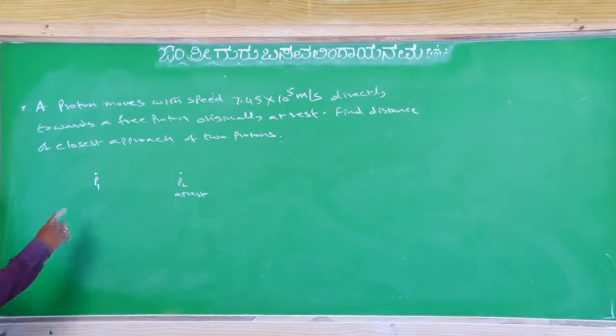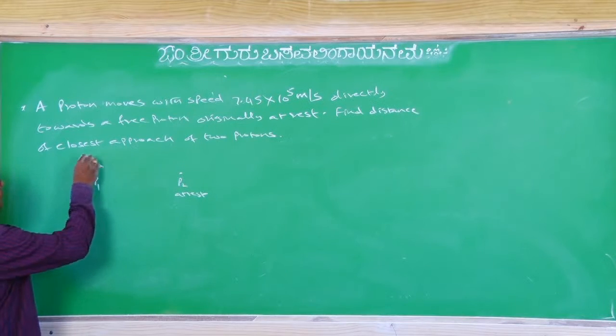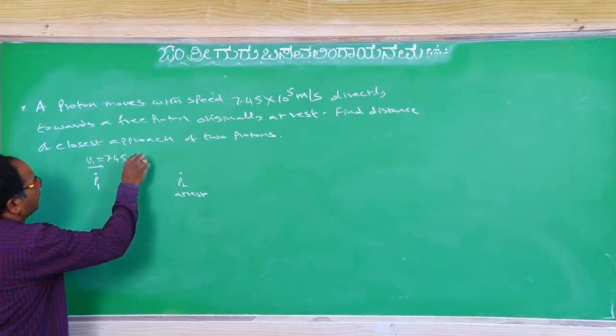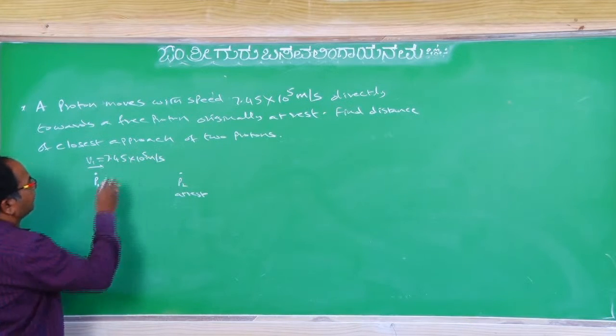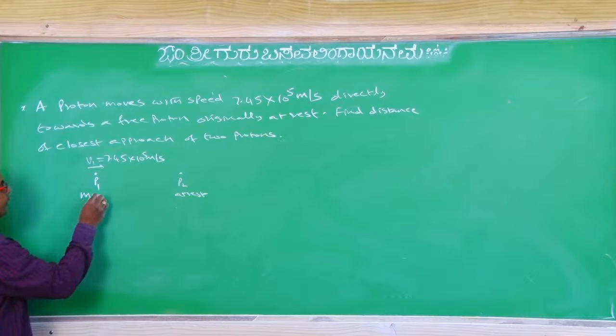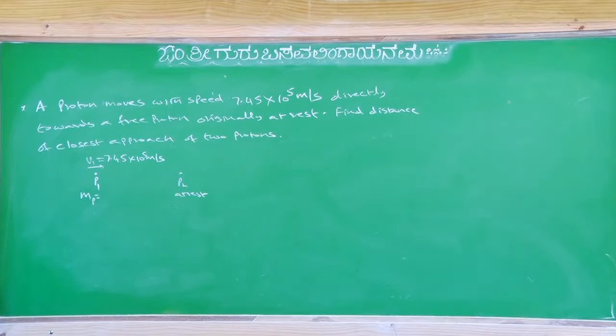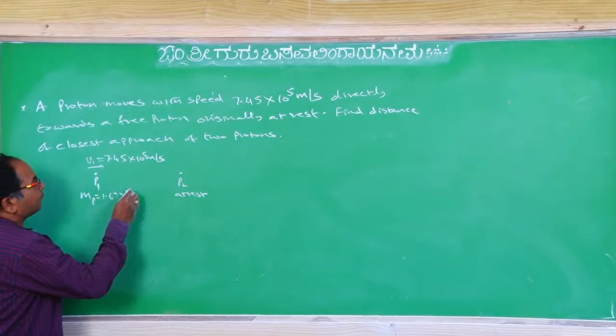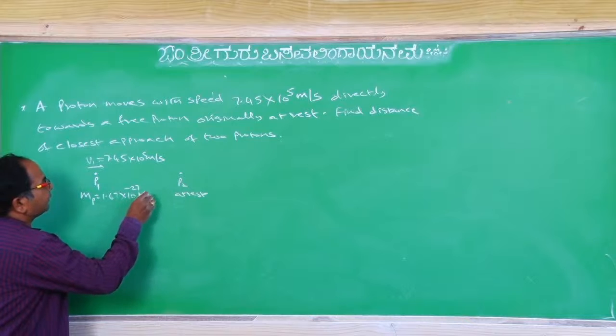Here the first proton is moving with a certain speed, that is 7.45 into 10 to the power of 5 meter per second, and the mass of the proton, you know, is 1.67 into 10 to the power of minus 27 kg.